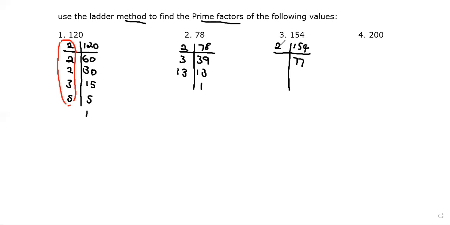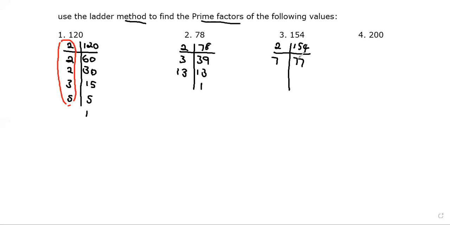Is 77 divisible by 2? You find that it is not. Then you move to the next prime number. 77 cannot be divided by 3, and cannot be divided by 5, but it can be divided by 7.